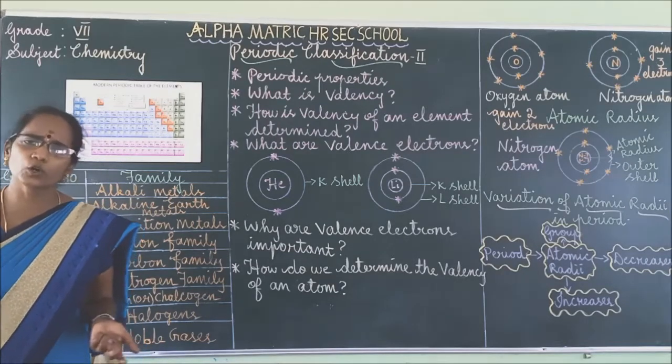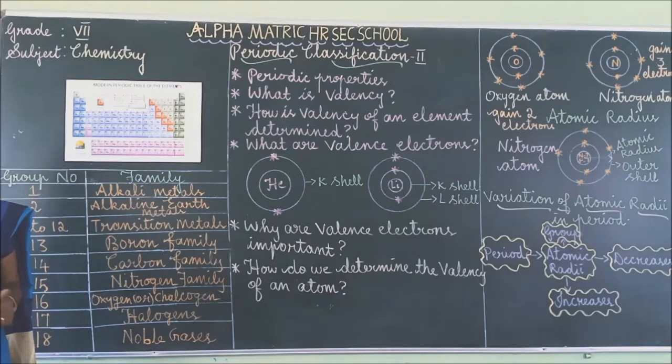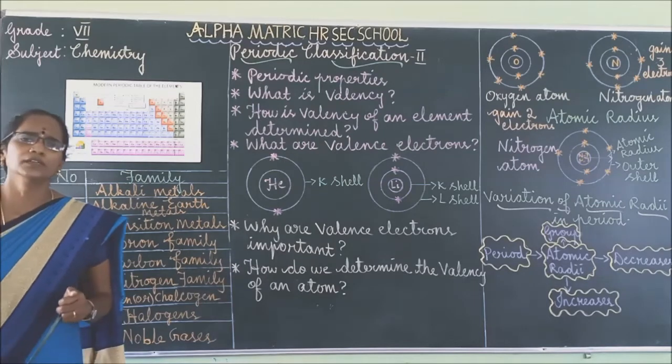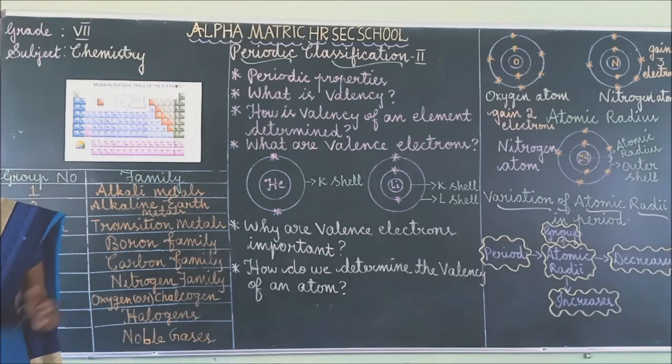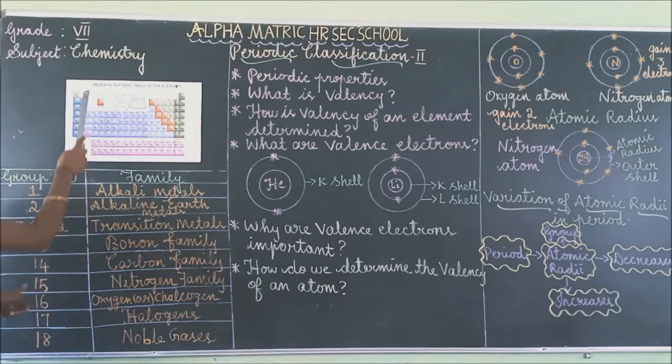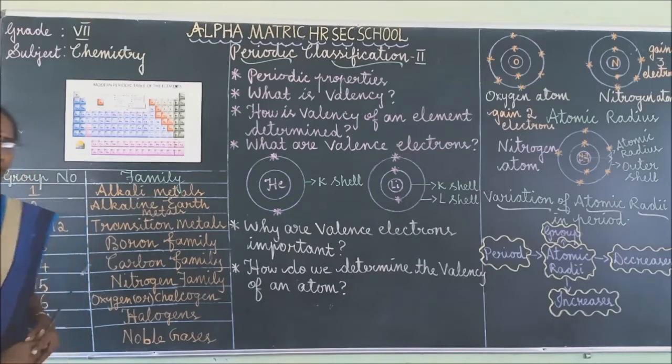Then what about groups? In the periodic table, the elements arranged in vertical columns starting from top to bottom are called groups, and there are 18 groups in the periodic table.